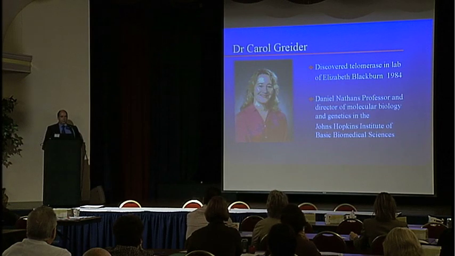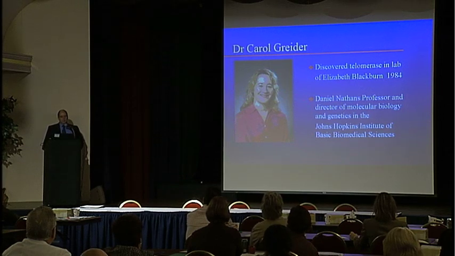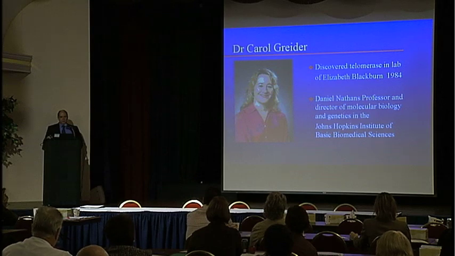When she did the work I'm going to tell you about, she was actually a fellow in training with Carol Greider. Carol Greider is the Daniel Nathans Professor and Director of Molecular Biology and Genetics at Hopkins. She, 20 years ago, discovered telomerase in the labs of Elizabeth Blackburn.